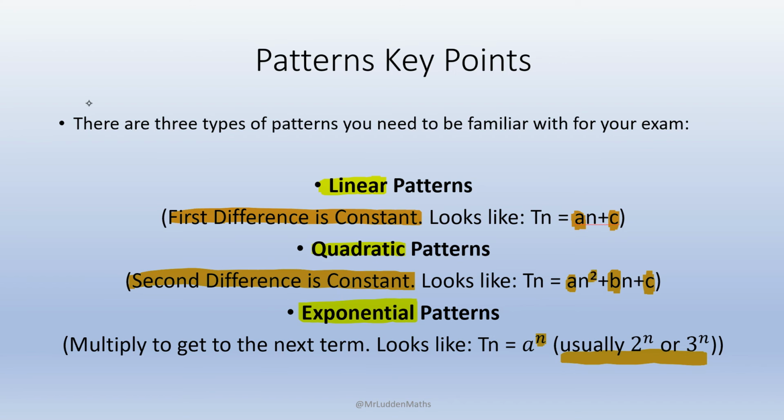So if there's something squared, your n squared, you know it's a quadratic. If there's an n on its own, you know it's linear. What I should say there is an n on its own with no higher power of n along with it in the equation. So that's how you identify what pattern is linear, quadratic or exponential.